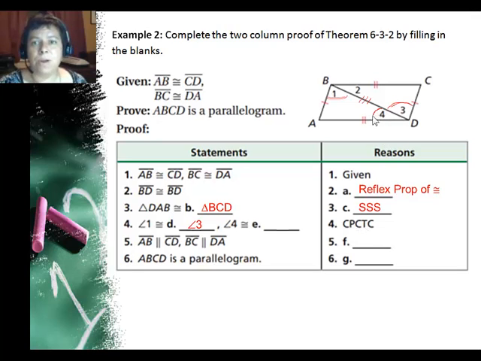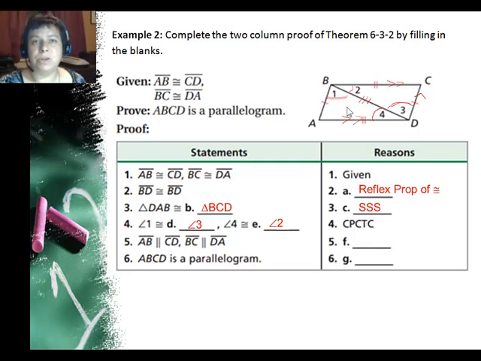Angle 4 is congruent to angle 2, also by CPCTC, corresponding parts of congruent triangles are congruent. Well, now they're trying to say that AB is parallel to CD, and that BC is parallel to DA. How can they do that? If you look at AB to DC, you can look at angles 1 and 3.